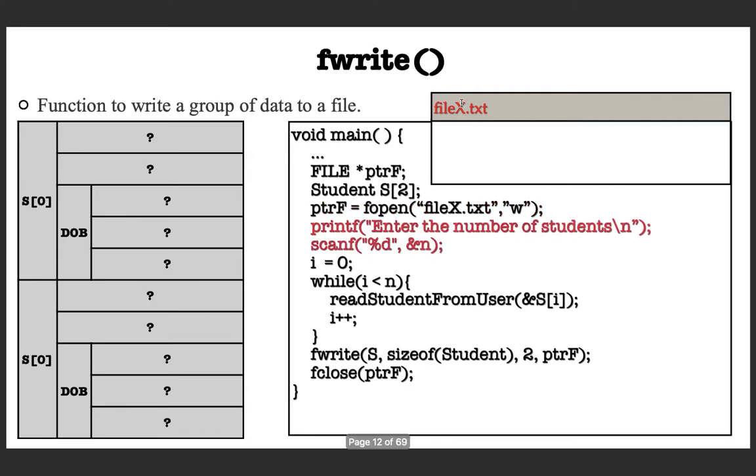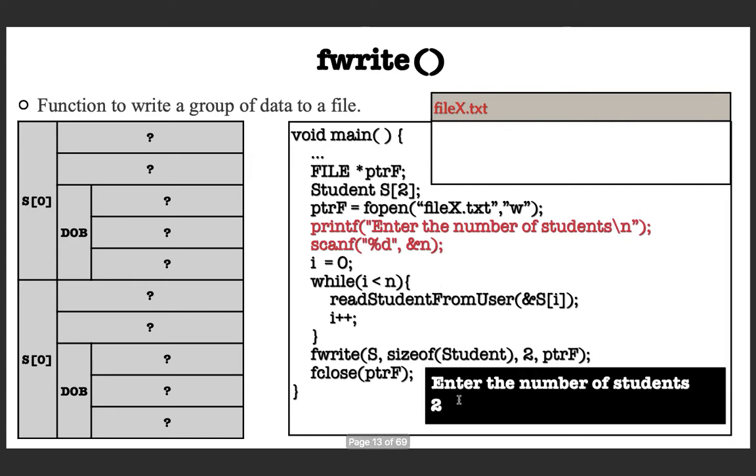When you proceed, the next statement reads a number. This message will be displayed on the screen, and suppose the user gives 2 as input. After performing these two, you will get the value 2 stored in the variable n.